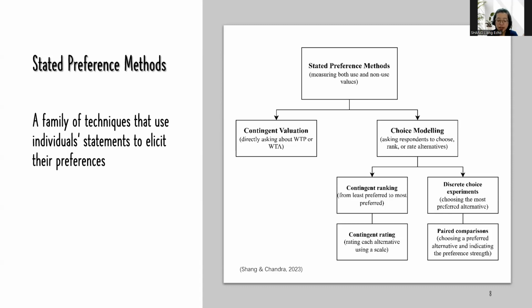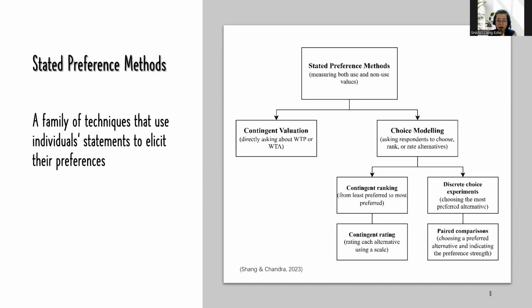Rather than directly asking about the monetary values that individuals assign to a certain product or service, in choice modeling we present our respondents with a series of different alternatives, option A, option B, and ask whether they would choose option A or option B. So discrete choice experiments belong to the choice modeling category, because in this method we ask individuals to choose the most preferred alternative among different options.